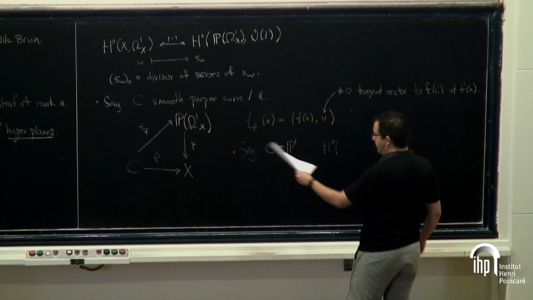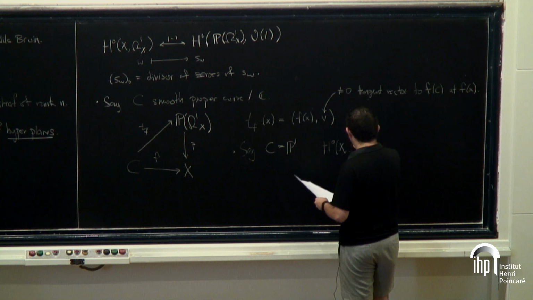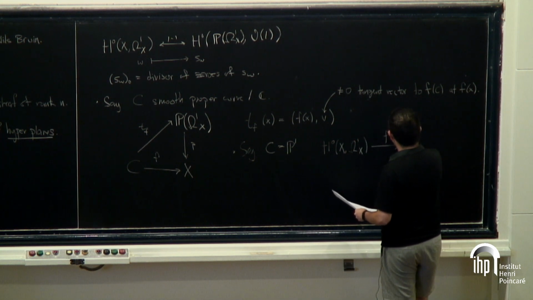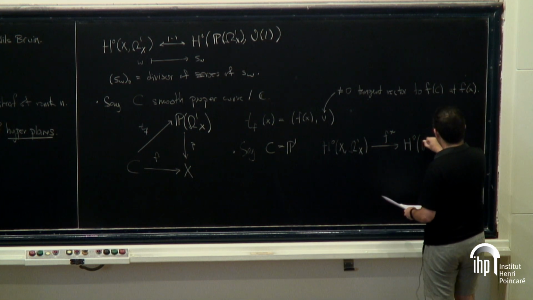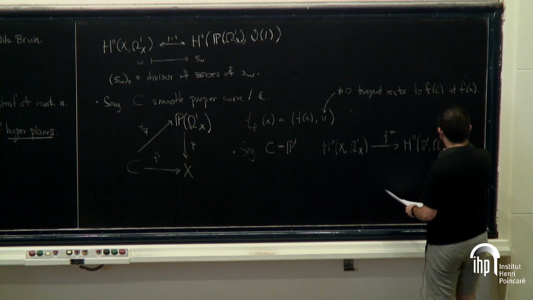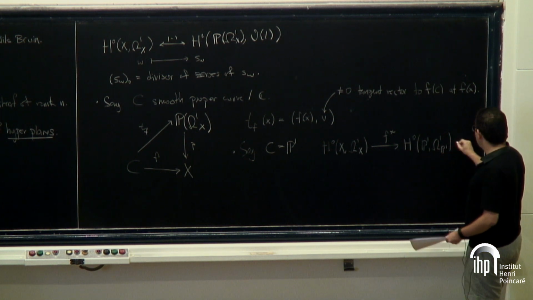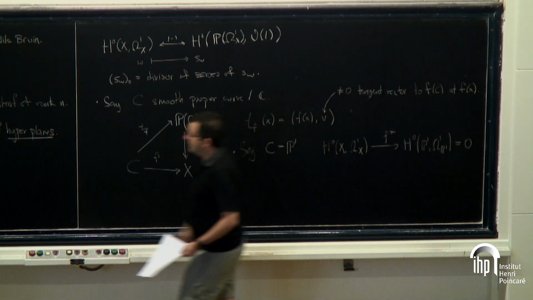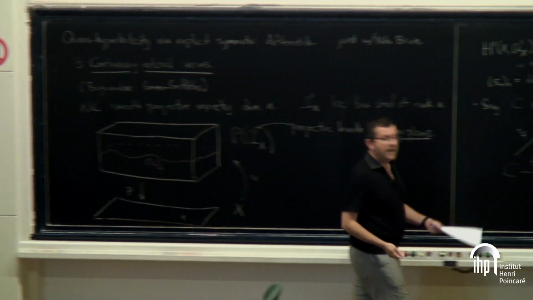And so pullback of differential 1 forms will give you a map from H0 of Omega 1 X to H0 of Omega P1. But this is O of minus 2, right? And so this is 0. And so what happens is that in this case, if I take one of these global sections and pull back, I get 0.